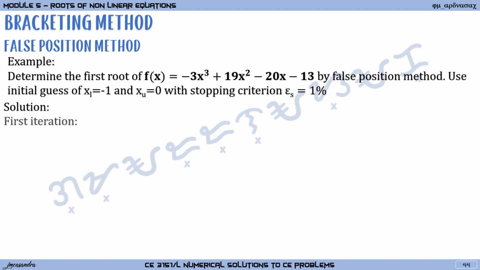So for our solution, for our first iteration, we are given XL equal to negative 1 and XU equal to 0. In here, we now solve for the functions of our limits, or of our brackets. For f of XL, substituting negative 1 in the given equation, we get 29.